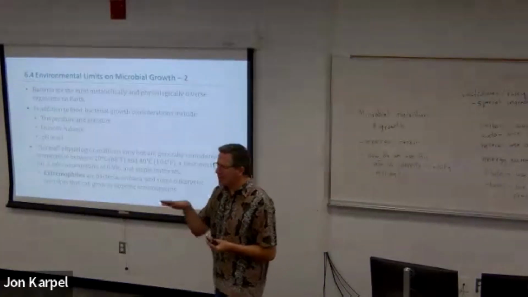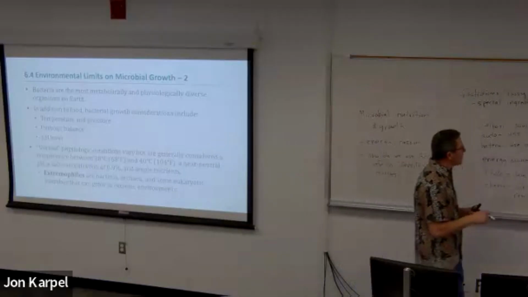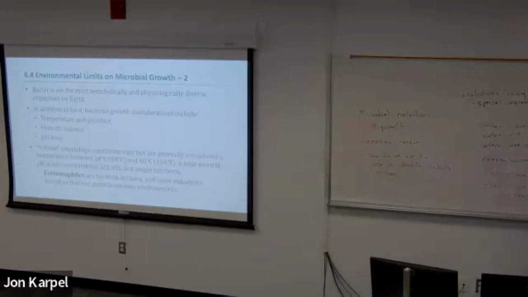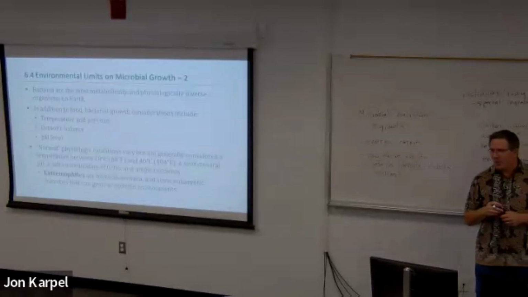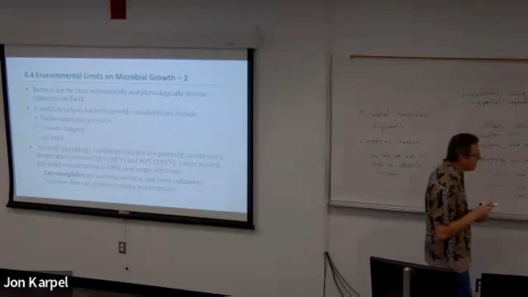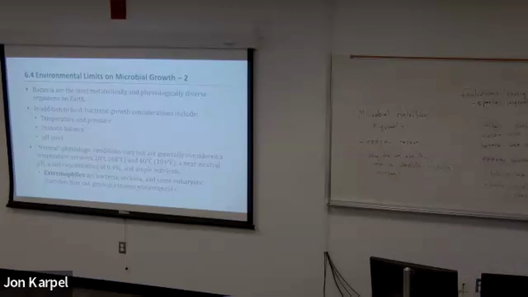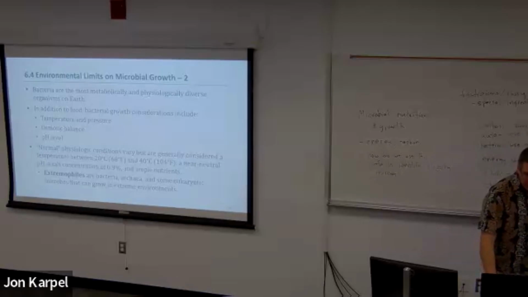In fact, a lot of them like body temperature, 37 degrees, kind of weird. But some like higher temps, some like lower temps, some like to grow in acidic or basic pH. So Helicobacter likes acidic pH. Some, like at the bottom of the ocean, need to live at high pressure, so they're really hard to grow in the lab.